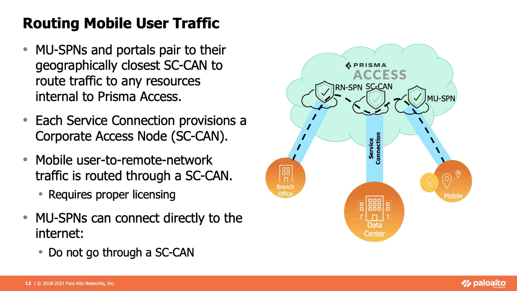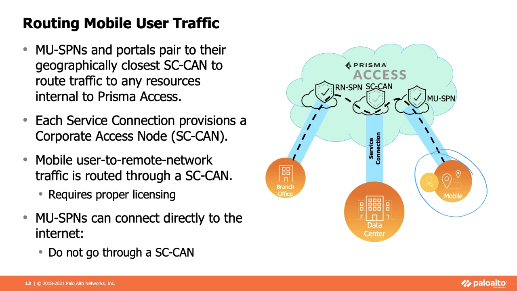An interesting thing about mobile user traffic. So again, I have a user sitting at home connecting to an MUSPN, a mobile user security processing node. If you think about our traditional on-premise solution for Global Protect, we have the idea of Global Protect portals and gateways. An MUSPN runs PAN-OS, just like an RNSPN does.